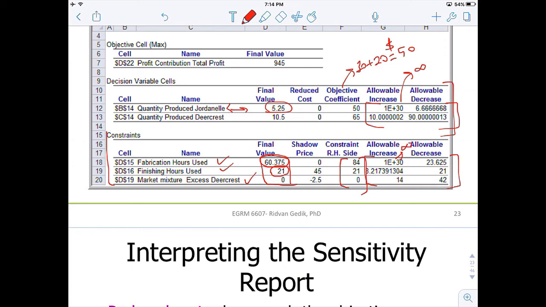It says that, for example, finishing hours, an allowable increase on this value can be 8.2, an allowable decrease on this one can be 21. So if anything happens within these ranges, we still keep these values. Nothing is going to happen, right? But if you cross these ranges, you have to solve this problem one more time with the changes.